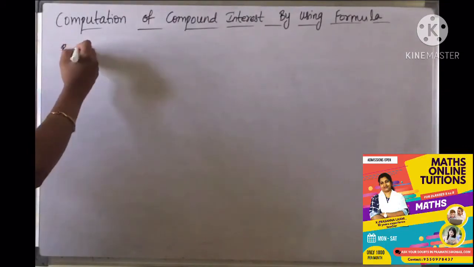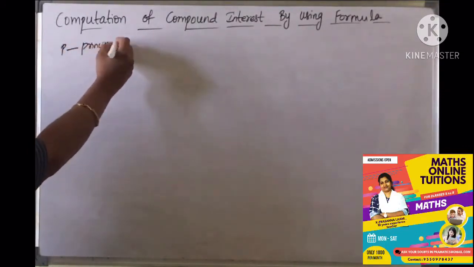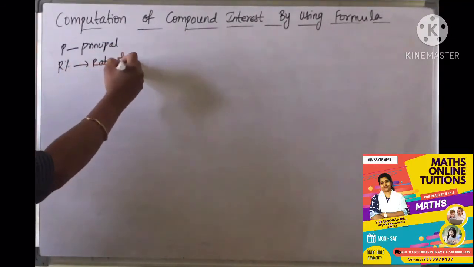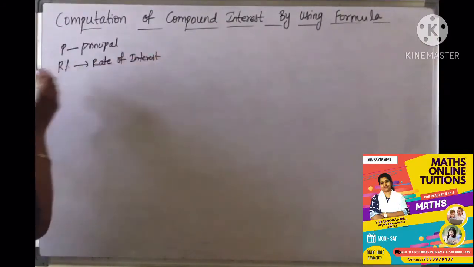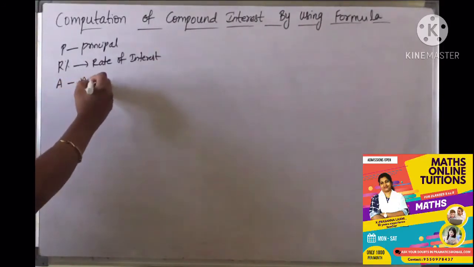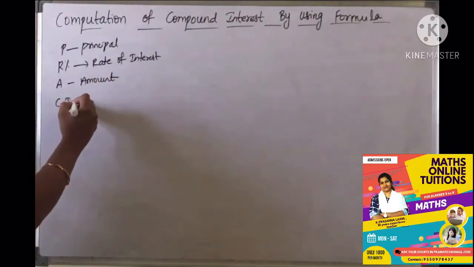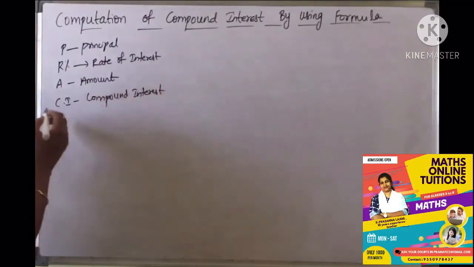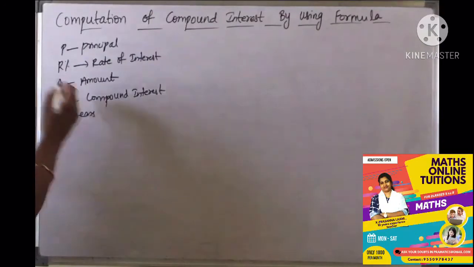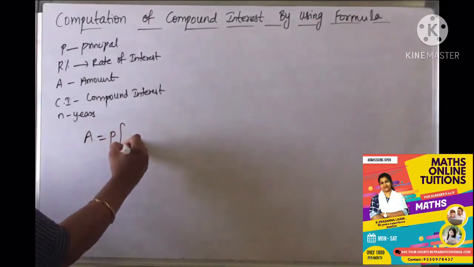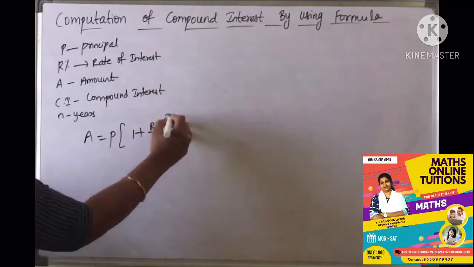Suppose P is the principal and R percent is the rate of interest, and if the interest is compounded annually, then the amount A and the compound interest CI at the end of n years are given by the formula A is equal to P into (1 plus R by 100) whole to the power of n.